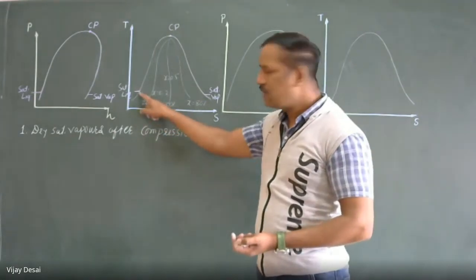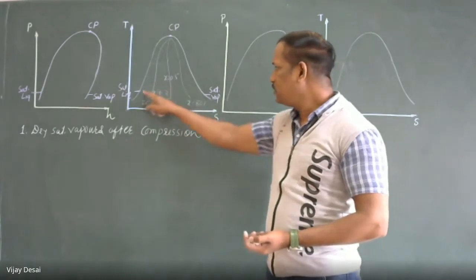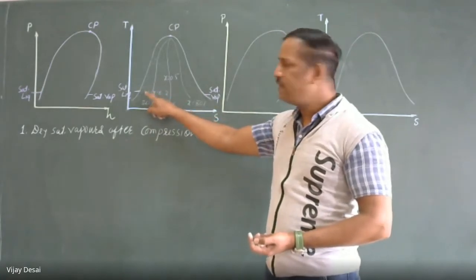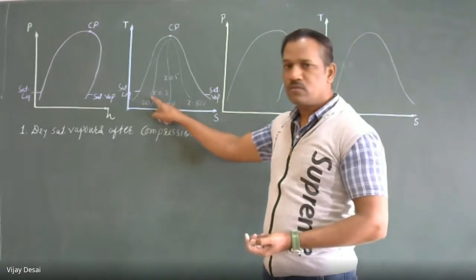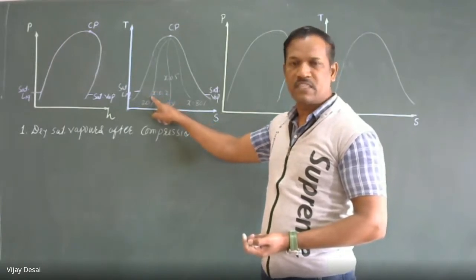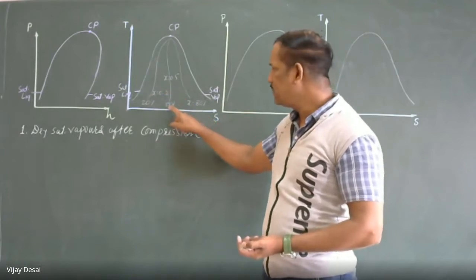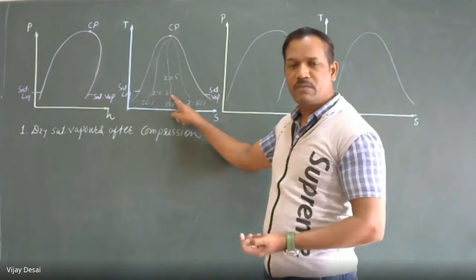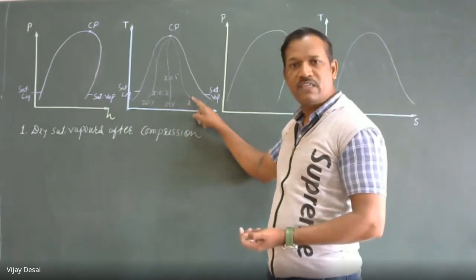On this graph, it is completely liquid. When we are shifting towards this side, some portion of the liquid gets converted into vapor. So we come to know 20% vapor, 80% liquid. Again, if we move ahead, at this point we come to know 50% liquid, 50% vapor. Here 80% vapor, 20% liquid.